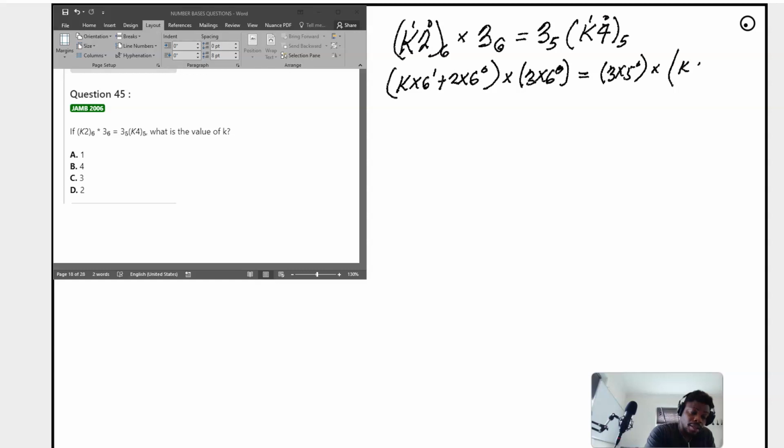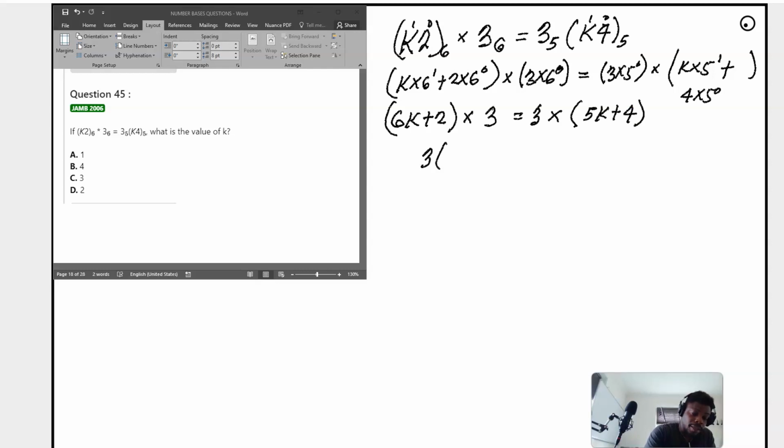This is k times 5 raised to 1 plus 4 times 5 raised to 0. So this is 6k plus 2, multiplying 3 here. And this is 3 multiplying 5k plus 4.